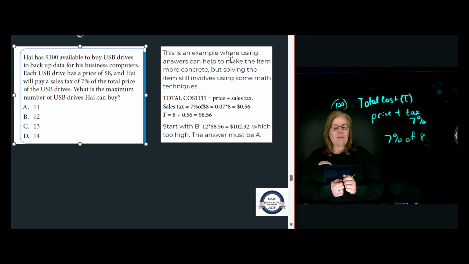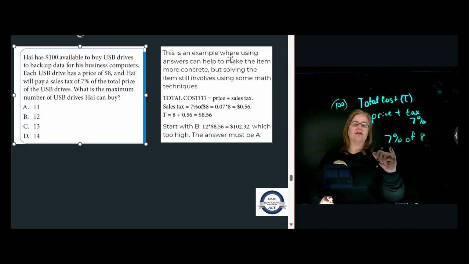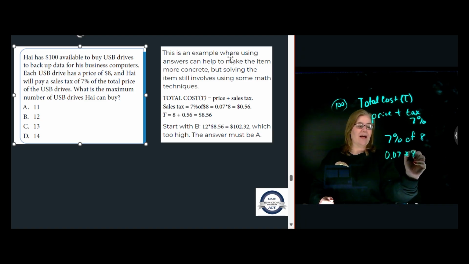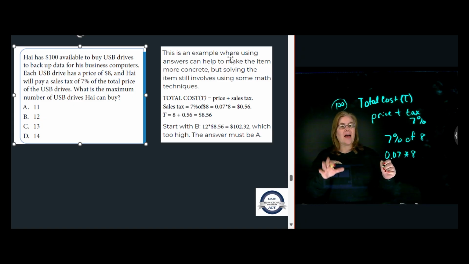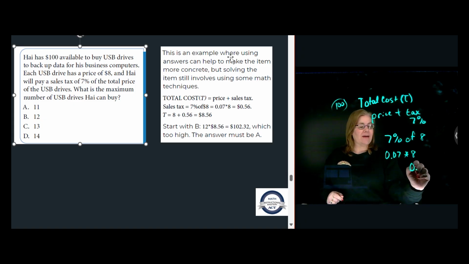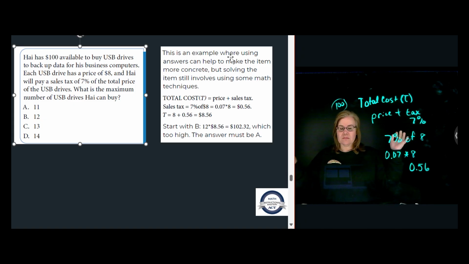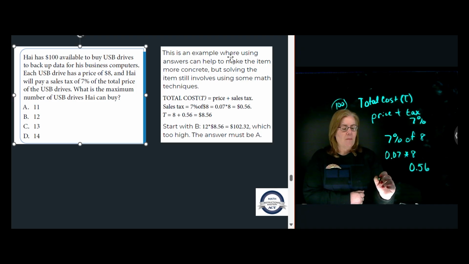Now, this is a simple calculator skill. You take this percentage and make it into a decimal and multiply it by 8. Simple, simple. So for every one that they buy, you're going to have 56 cents. Simple enough.